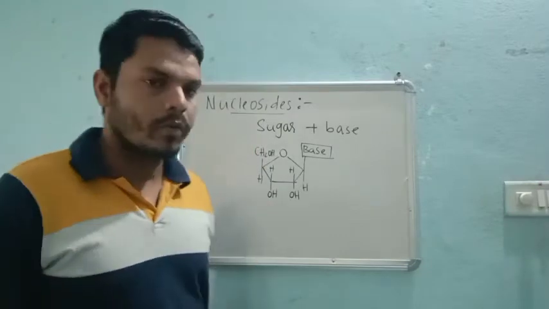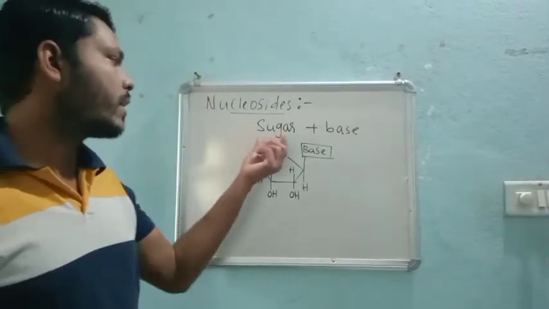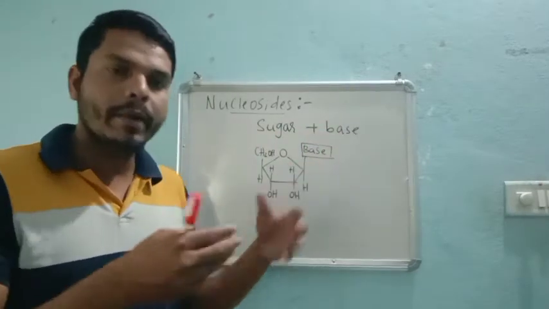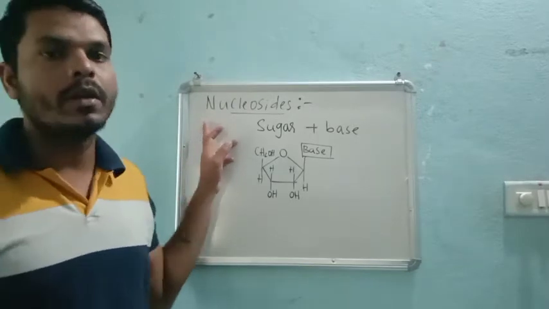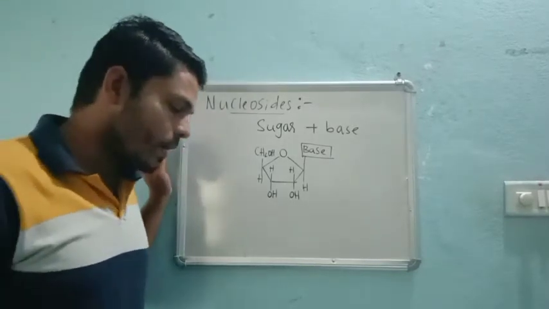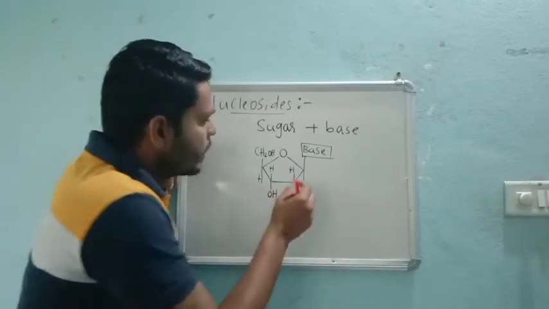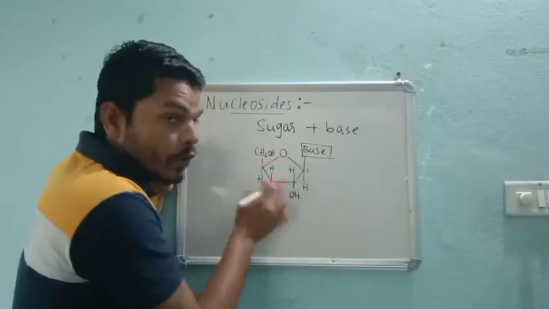These compounds are made up of sugar as well as base. If they are made up of sugar and base, then such compounds are called nucleosides. And in a nucleoside the base is attached to the first carbon of a pentose sugar.